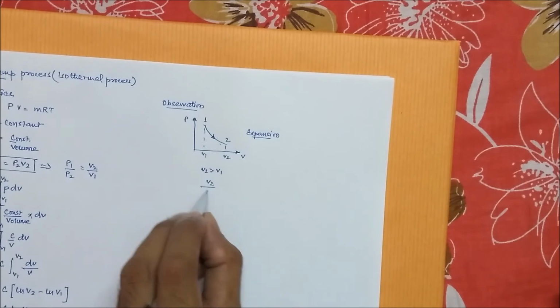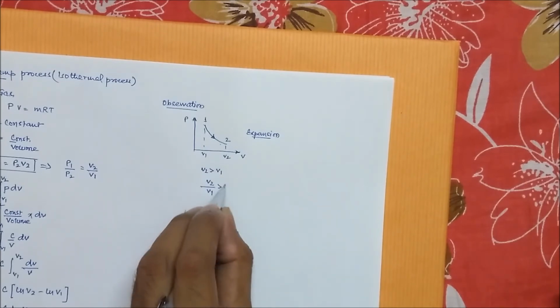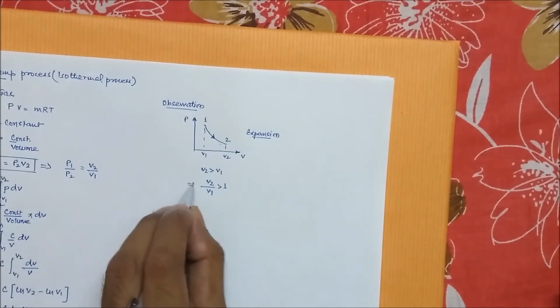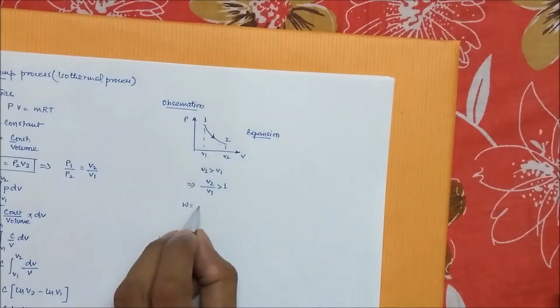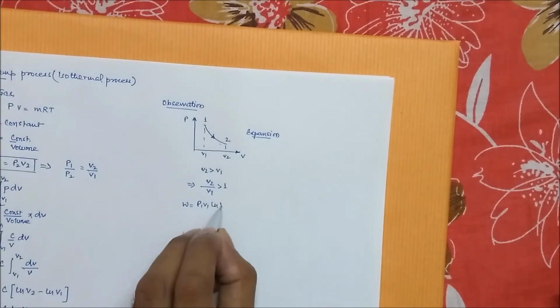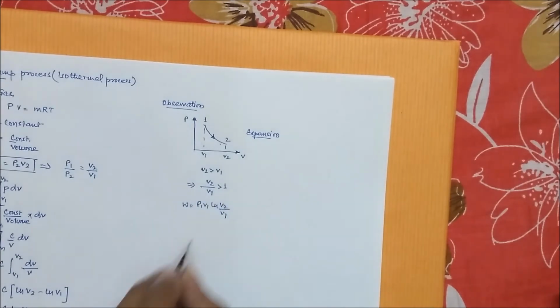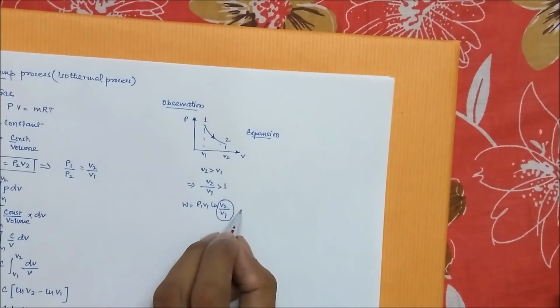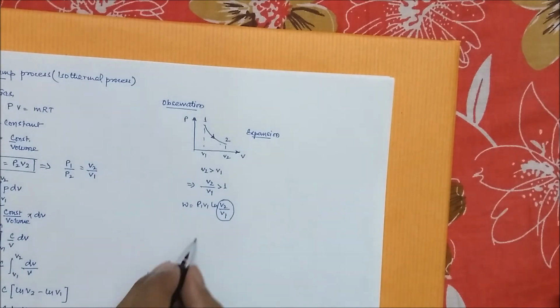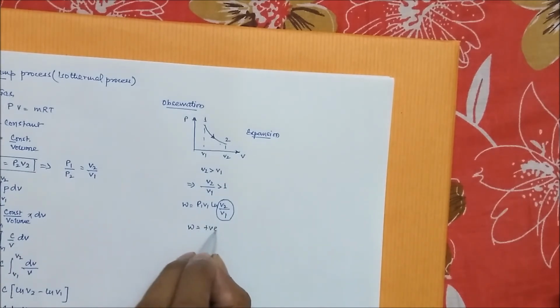Then V2 by V1 is greater than 1, right? And we have the work done formula as P1 V1 ln V2 by V1. As this is greater than 1, the work done will be positive.